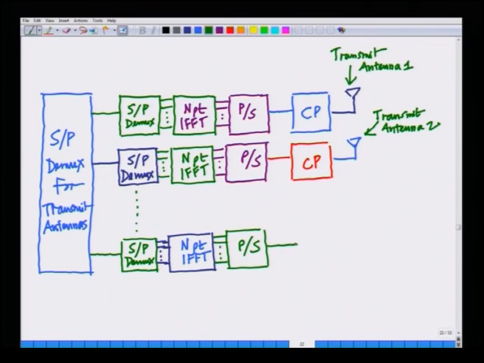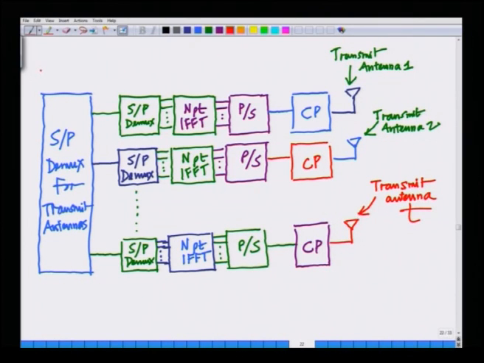Before that, of course, I add the cyclic prefix at the Tth transmit antenna. So, this is the Tth transmit antenna.